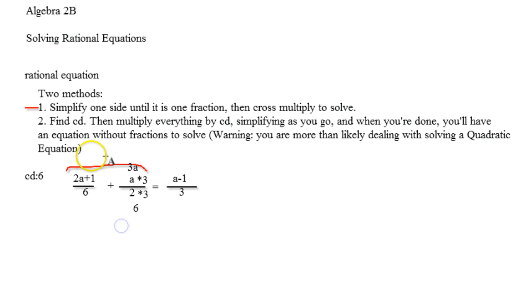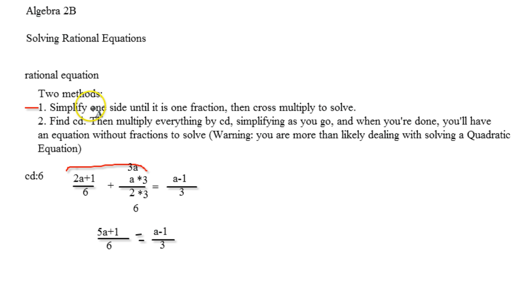I'll add these two together, and that gets me 5a plus 1 over 6, and here's my fraction bar. Then I have a minus 1 over 3.